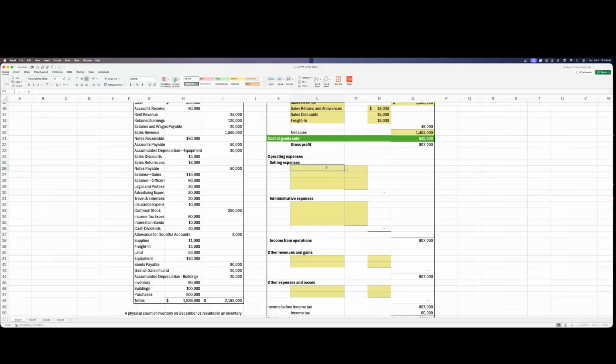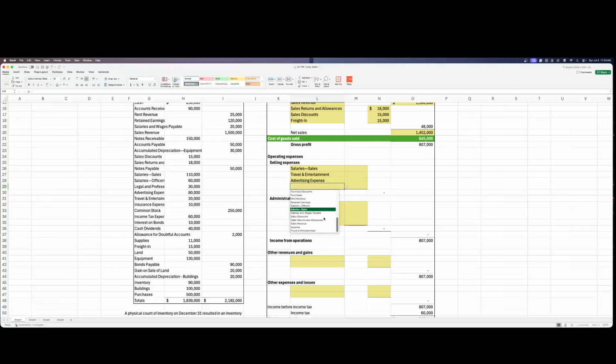Next is the operating expense and the selling expense. First thing, most likely you have to pay the salespeople salaries for those sales. The salespeople go on trips to sell: travel and entertainment, advertising expense. Would there be something else besides those things?